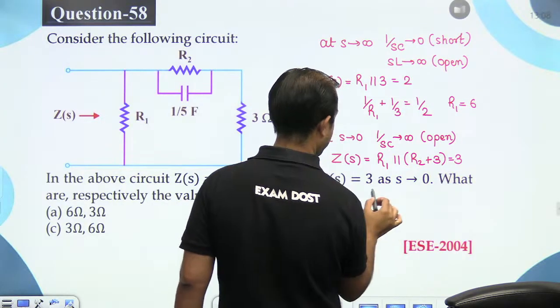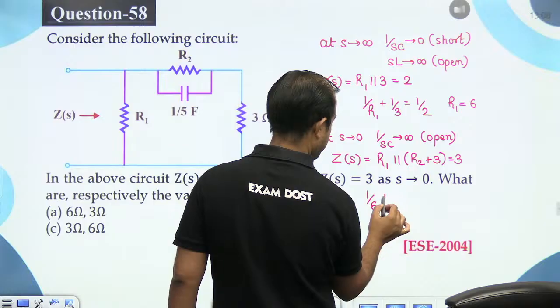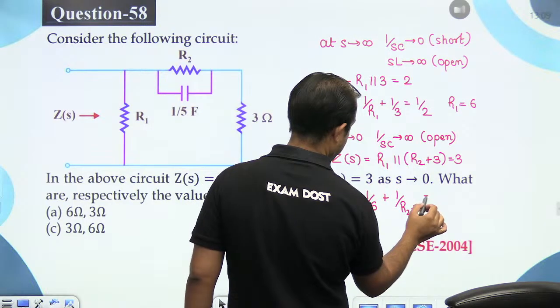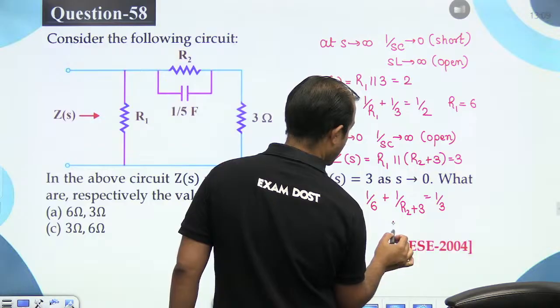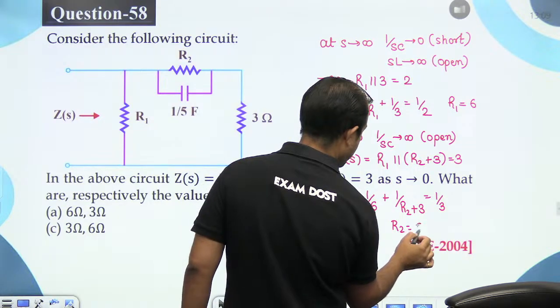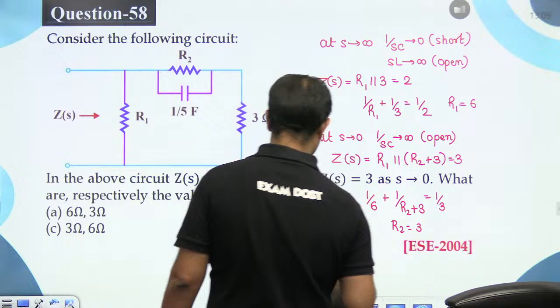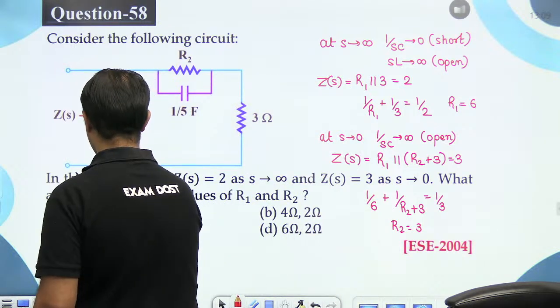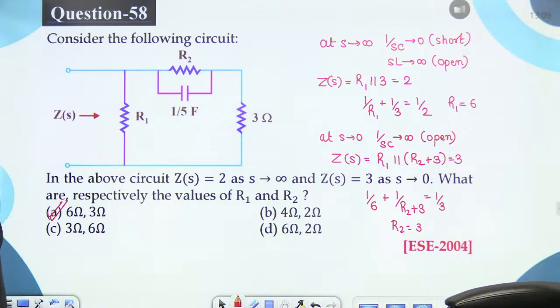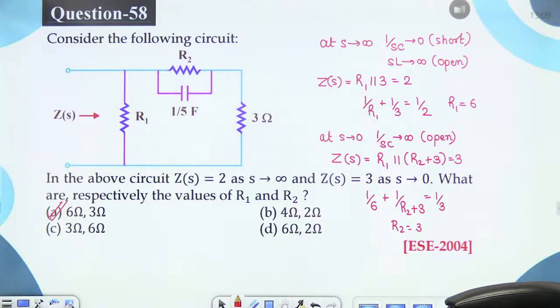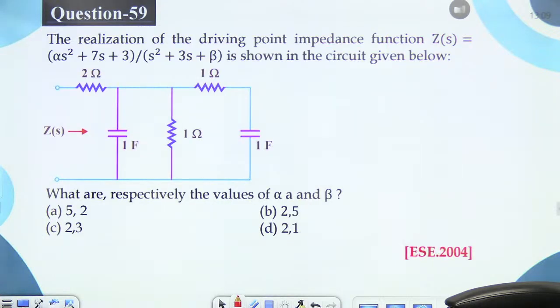This is 3. So R2 is 6. Sorry, R2 is 3. So 6 and 3, A option. 6 and 3. तो ये 0 और infinity वाला concept याद रखें. What happens with inductor and capacitor?